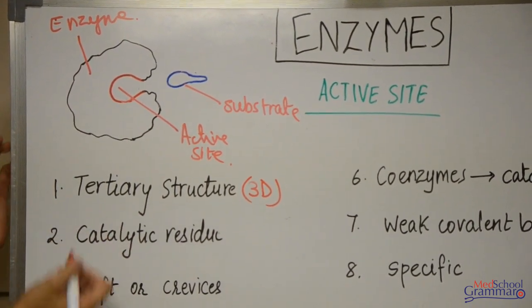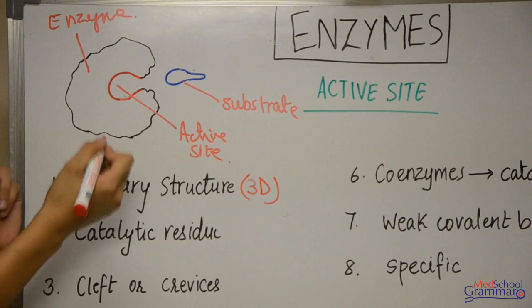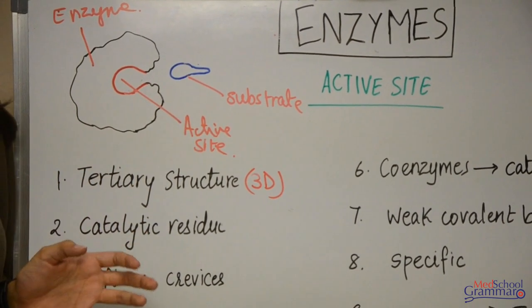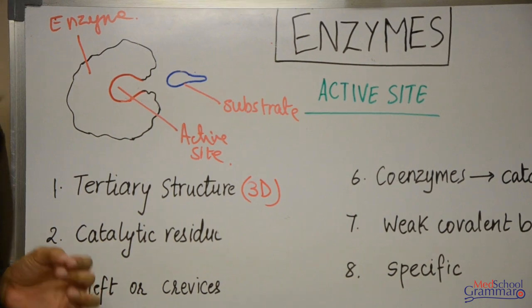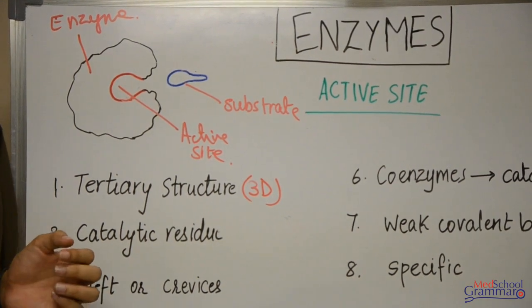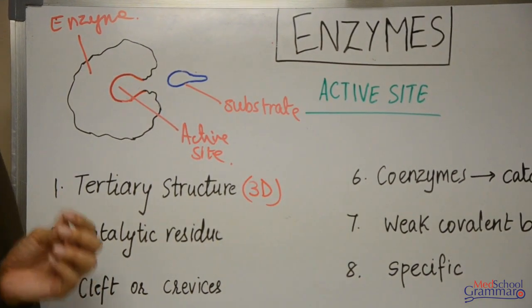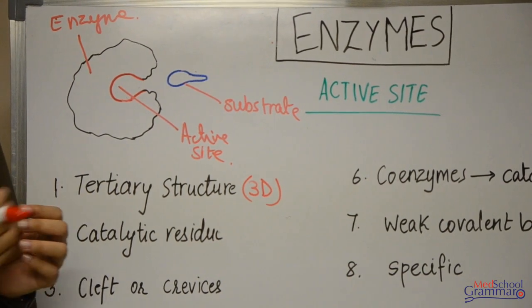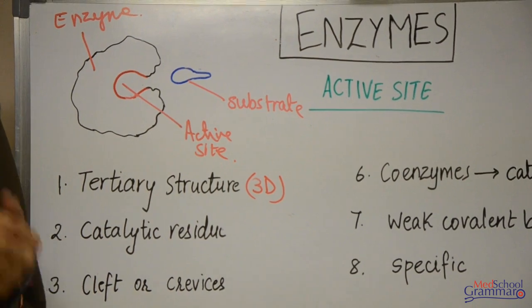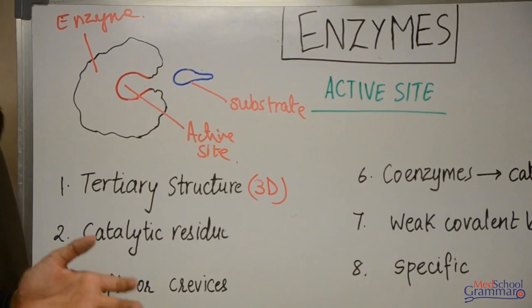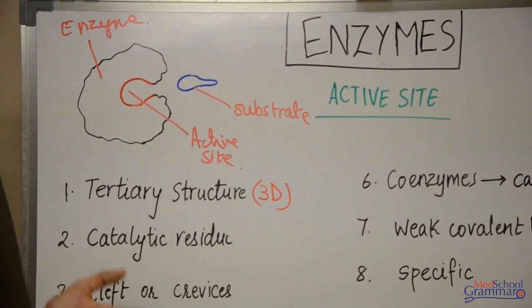Then we have that your active site is a part of the protein molecule, right? Now protein is formed of amino acids. So your active site is formed by amino acids which in the primary structure, in their linear sequence, are far apart from each other. But due to folding, they come together and form the active site. Simple?